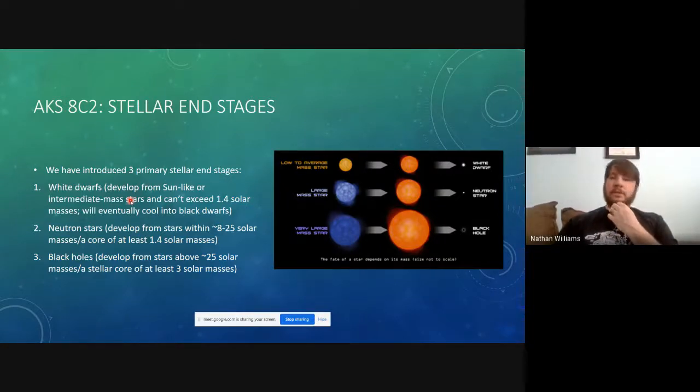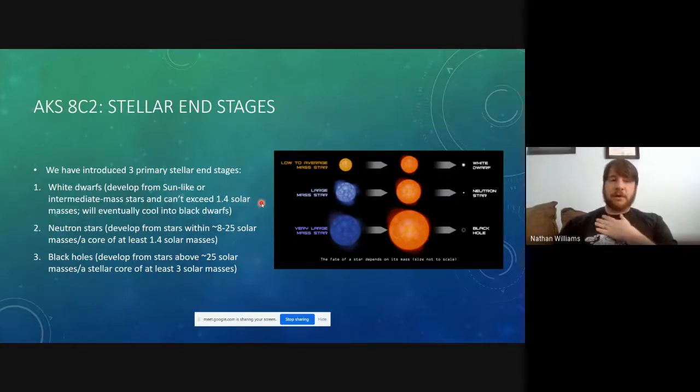We're not going to say too much about them in this lesson just because they're older material at this point, but just as a reminder, it can come from a sun-like star, meaning with a solar mass close to 1, maybe a little bit higher, a little bit lower, or an intermediate mass star, which is a little bit more massive, somewhere more in the range of possibly 4 to 8 solar masses. But the white dwarf itself has a strict limit on its mass, this 1.44 solar masses.